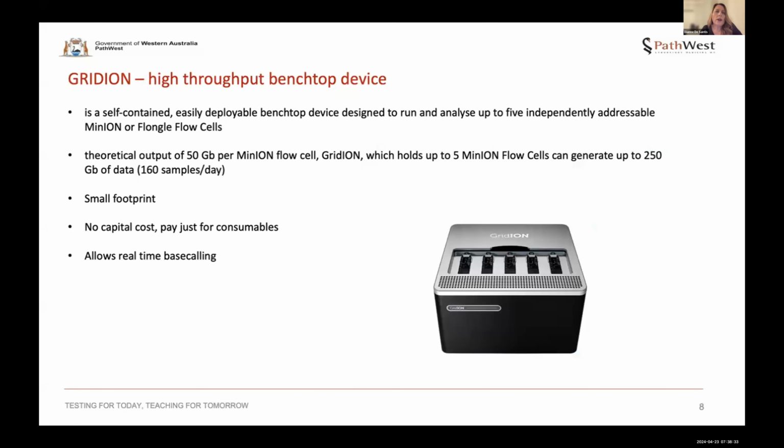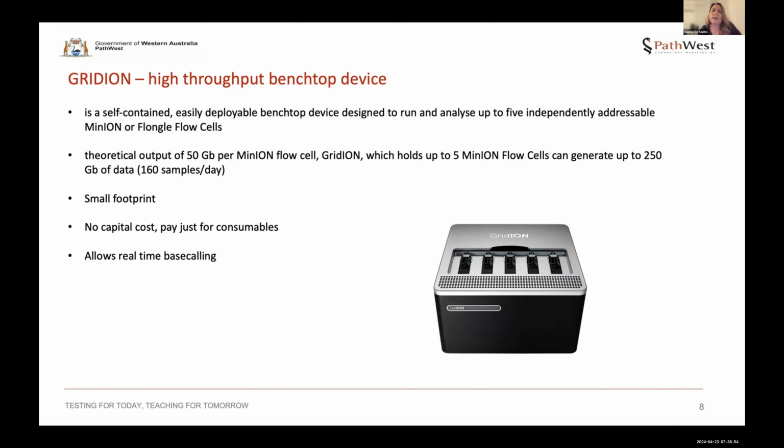They also have a high throughput benchtop device, the GridION. This is a self-contained, easily deployable benchtop device designed to run and analyze up to 5 independently addressable MinION or Flongle flow cells. It theoretically can output 50 gigabases of data per flow cell.